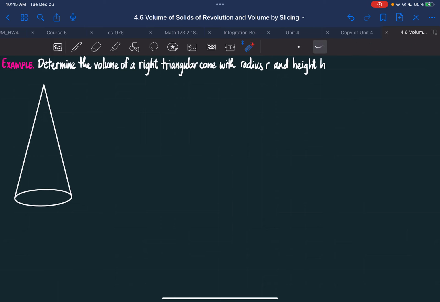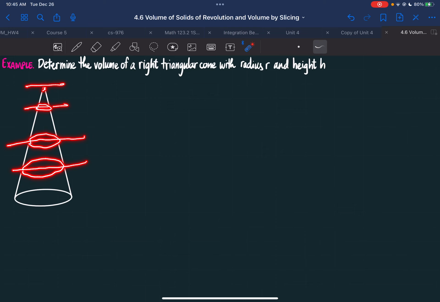If we slice right here, let's say, what you'll get is a circle, right? If you slice here, you'll get a circle. If you slice right here, you get a circle.